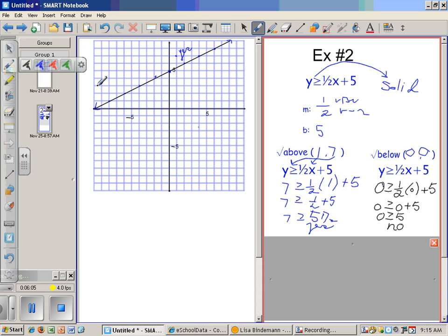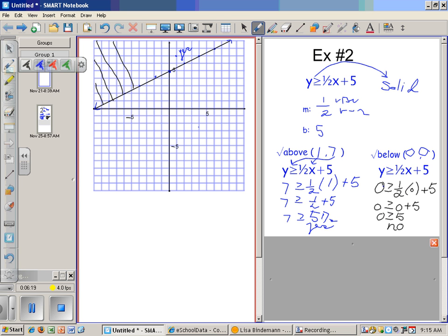So above, sometimes we draw just little lines. For those people who like it to be really organized, you can just draw a line straight up showing all these numbers work. So take this opportunity to shade in your graph, because that's really the most important part of this. That's what makes it different than graphing a line itself.